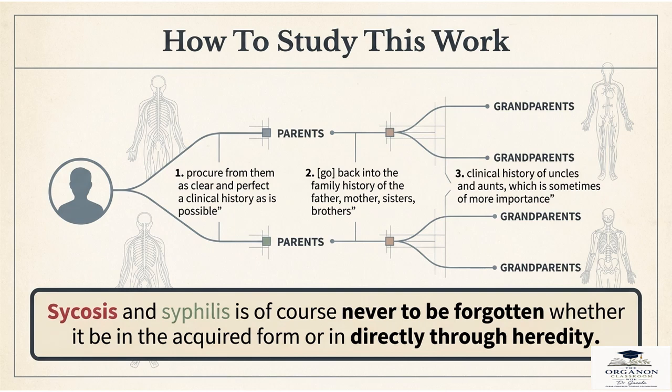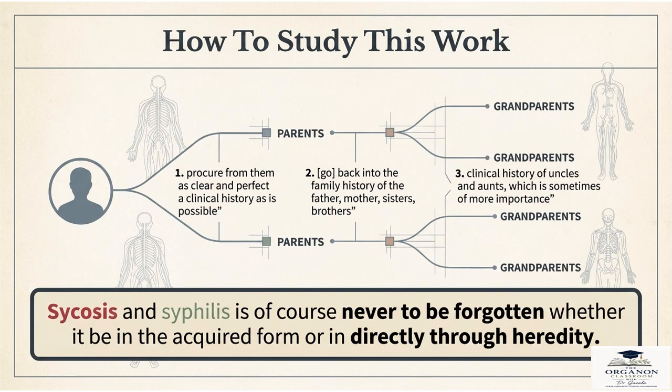Clinical history of uncles and aunts, which is sometimes of more importance. This is what Allen has written in the book, and he emphasizes a lot on these points. When we have to cure the root of that disease, you have to go to the root where the disease was actually formed and passed on. Makes sense.